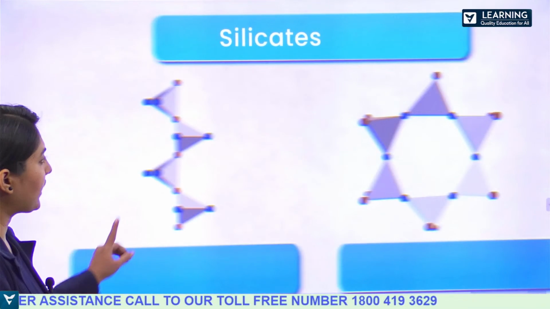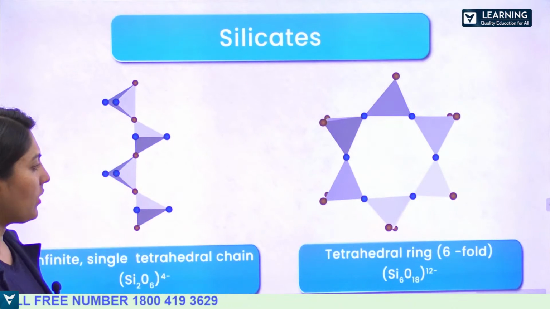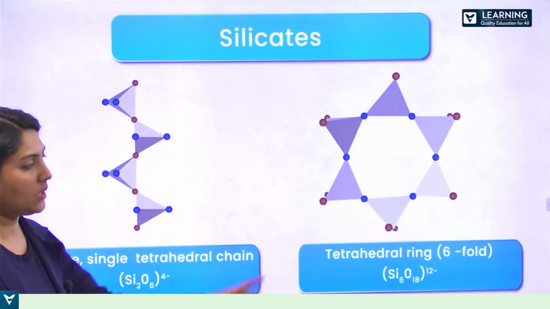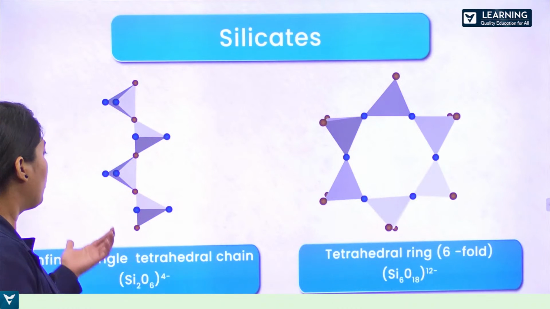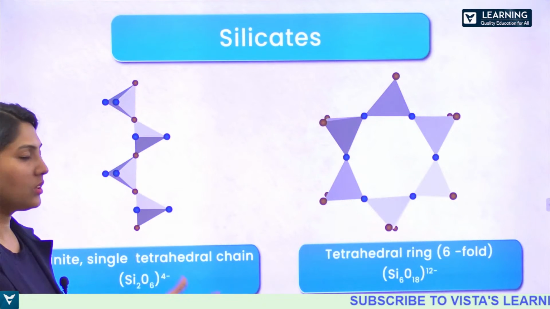So here we can find this: it is a tetrahedral chain, whereas this is the tetrahedral ring and above 6-fold, where here we have the linear one. So we can have both.